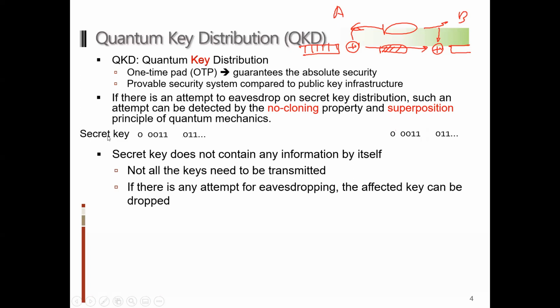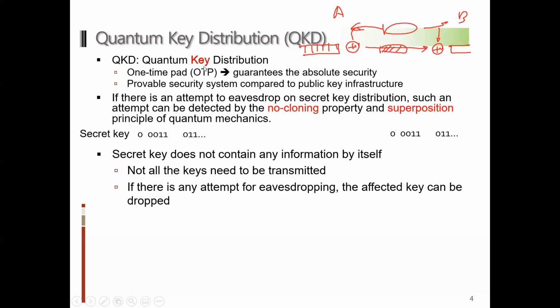So secret key distribution is different from typical communication, because there is no confirmation of receipt, and if information is missing, then in typical communication they should retransmit until it is actually received. But here such a process is not necessary, because all the remaining part can serve as a good secret key. Considering this property, that's why I said that key distribution is different from typical communication.